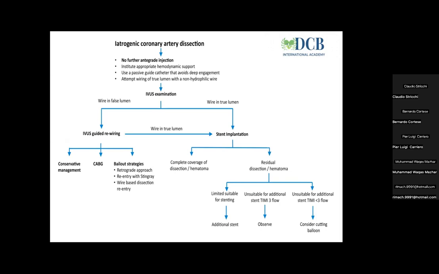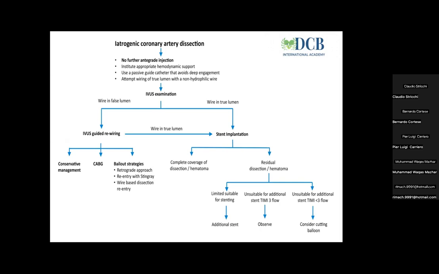If the wire is in the false lumen, we have to rewire under IVUS guidance. And after, we have to do either conservative management or CABG or bailout strategies such as retrograde approach, re-entry with the stingray, or wire-based dissection re-entry. If our wire is in the true lumen, we have to implant the stent and do complete coverage of the dissection or the hematoma.